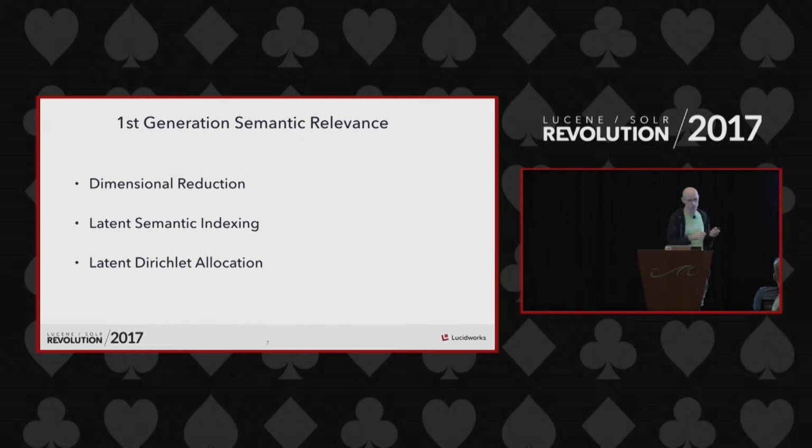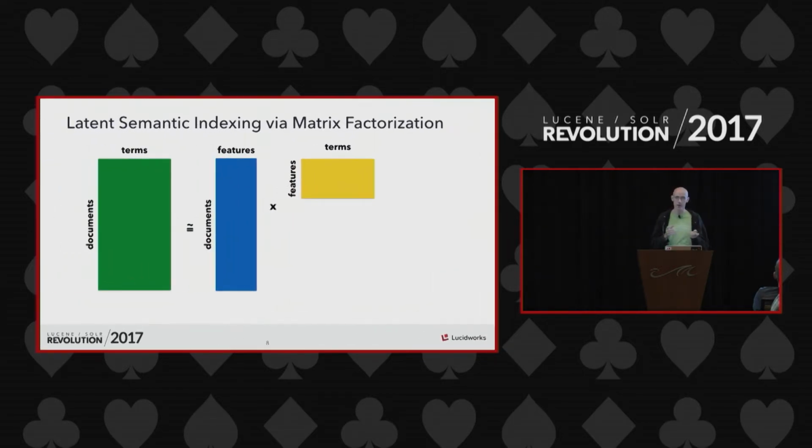I'll talk about each of those super fast, as this was the evolution of things people have been doing to approach the polysemy and synonymy problems and handle the full meaning of the query. Doesn't work super well, turns out. But it does do some of this stuff.